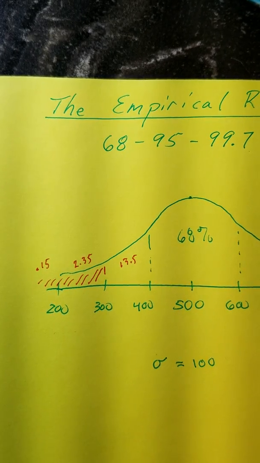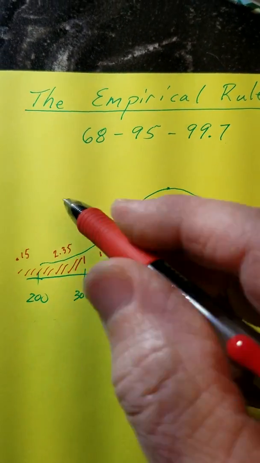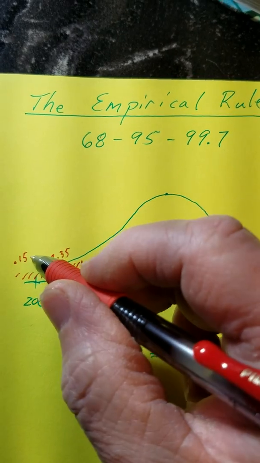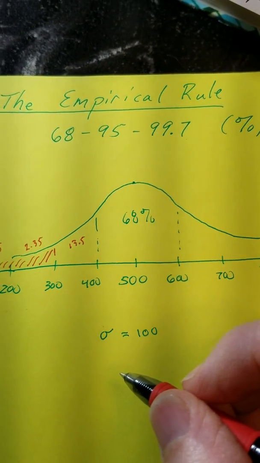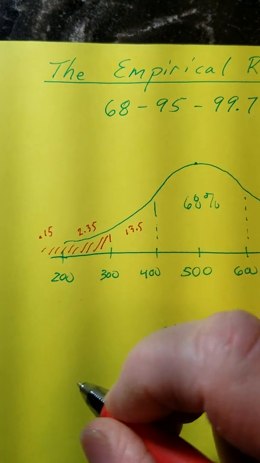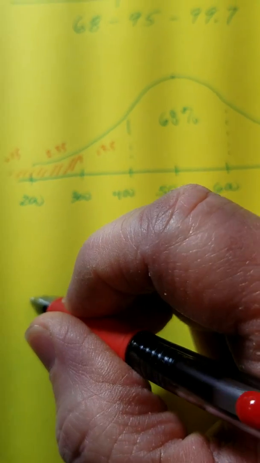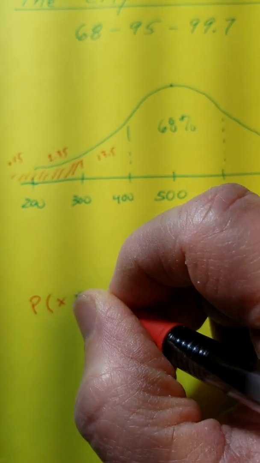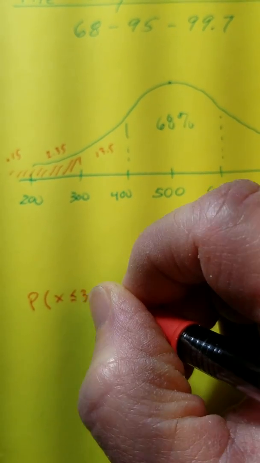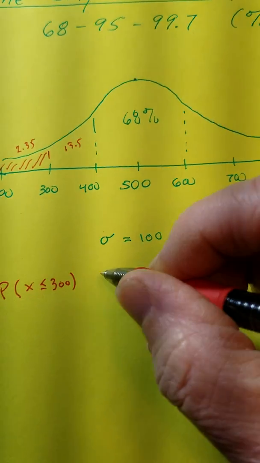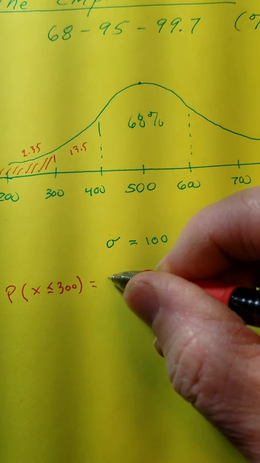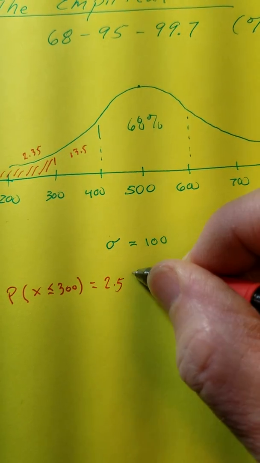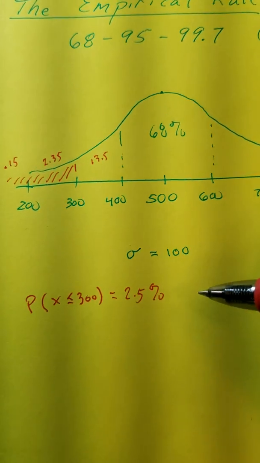But what you would do is just add these two numbers up. Sometimes the way they write it is: the probability that the score would be less than or equal to 300 would be equal to 2.5%.